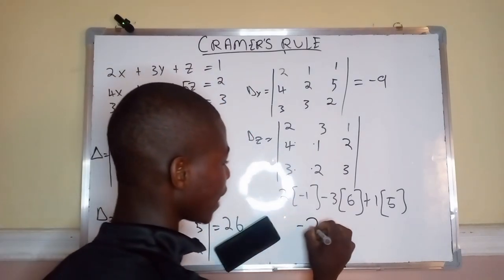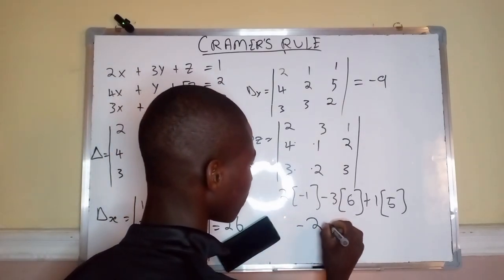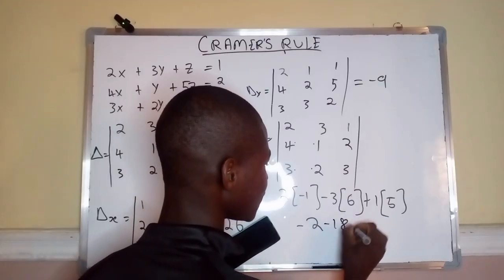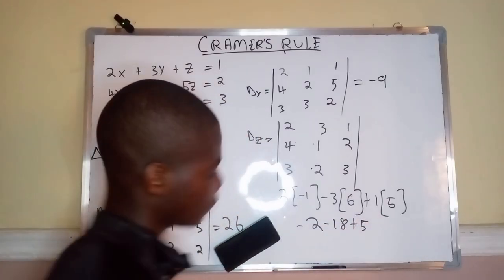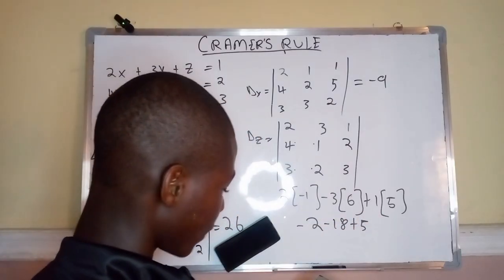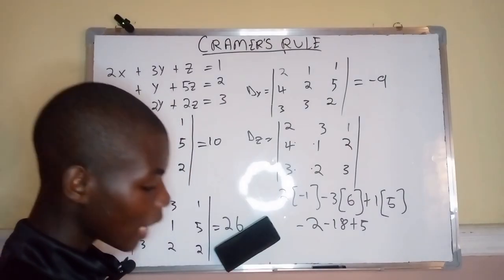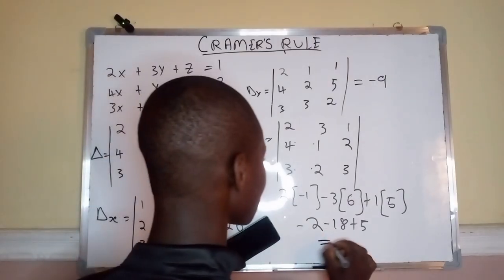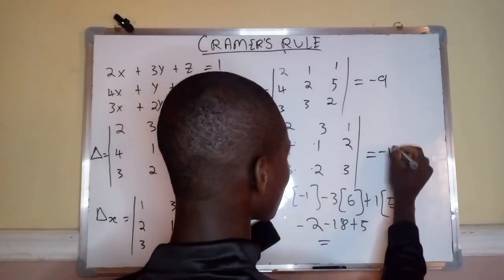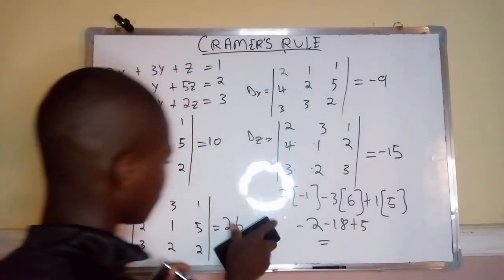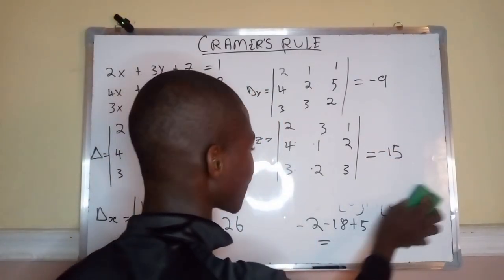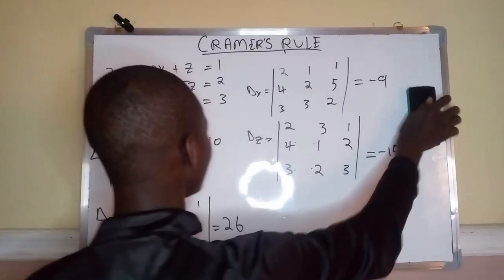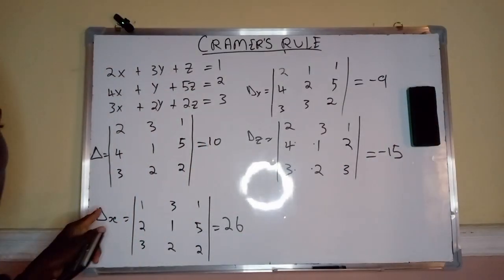So therefore, I will have minus 2, and therefore minus 18 plus 5. So therefore, minus 2, minus 18 plus 5, it is equal to minus 15.